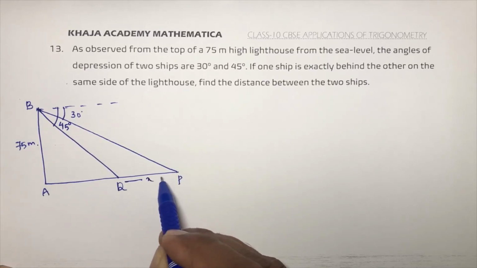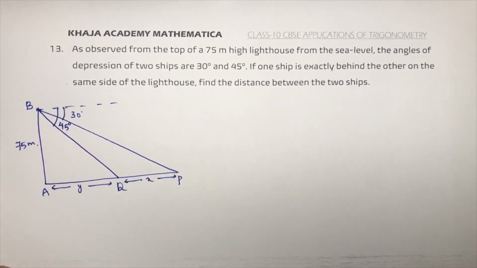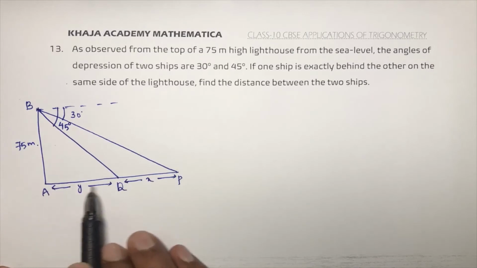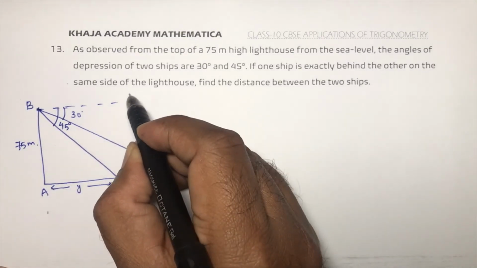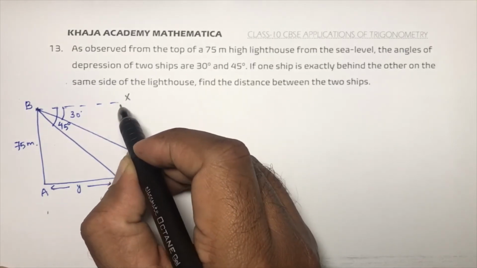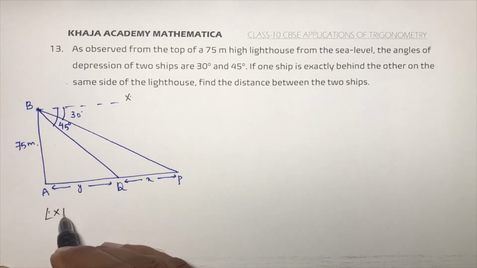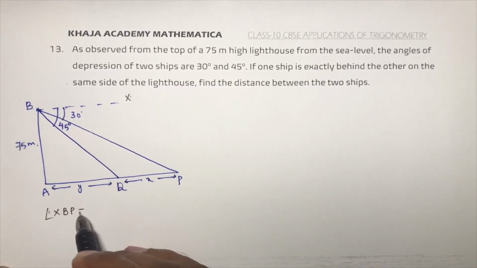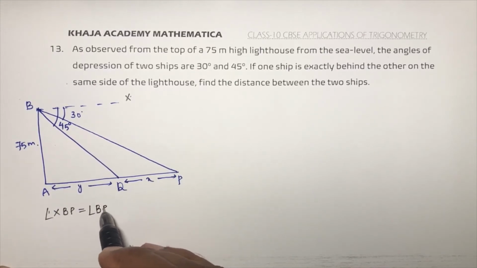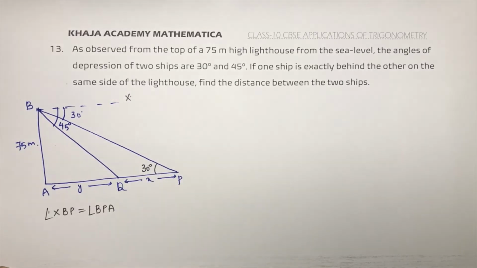So I need to find X. This I'll consider as Y. So now I'll take triangle BAQ. But before that, this I'll consider X. Angle XBP equals angle BPA, so this angle also will be 30 degrees.